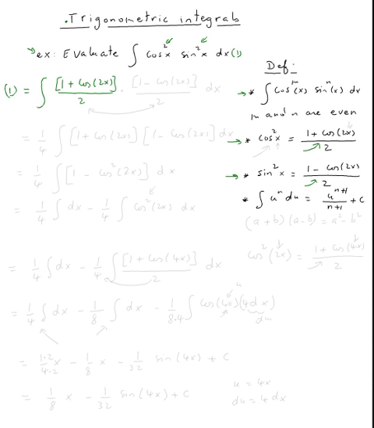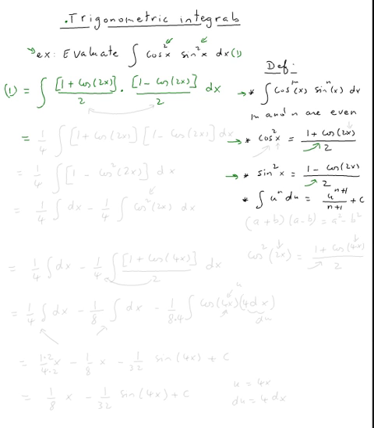Let's do this in parentheses, times 1 minus cosine of 2x over 2. And of course it's a dx. Now how do we finish this?